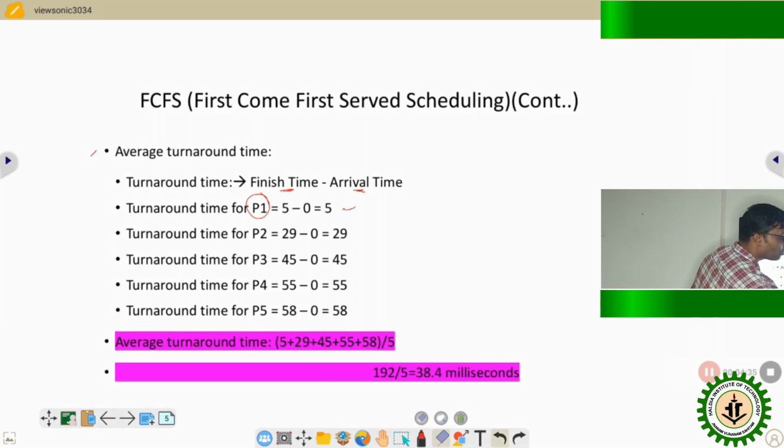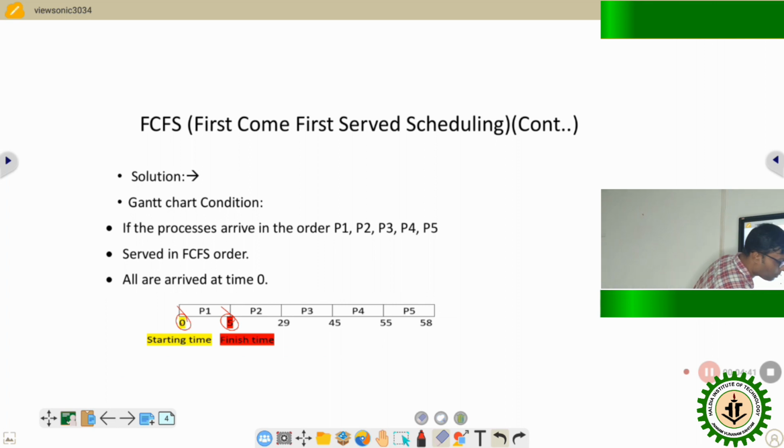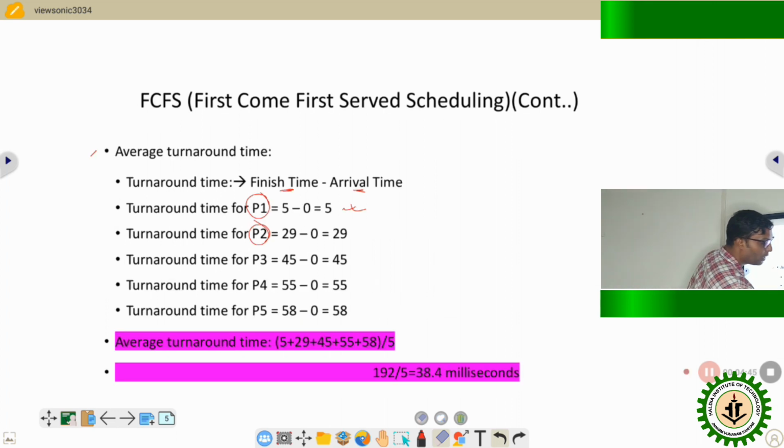So 5 minus 0 for process P1. For process P2 it is 29 minus 0, because the arrival time of all processes is 0.